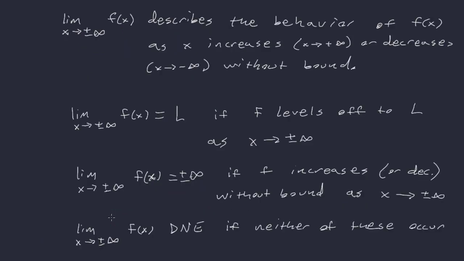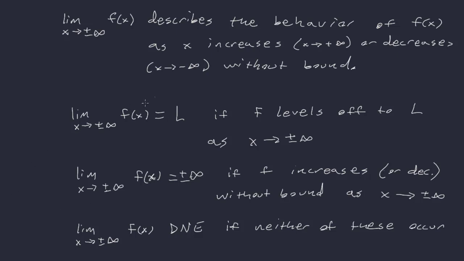The limit as x goes to either plus or minus infinity describes the behavior of f of x as x increases or decreases without bound. So we're talking about an increase if x is going to positive infinity, and a decrease if x is going to negative infinity. Hopefully that should be kind of self-explanatory.